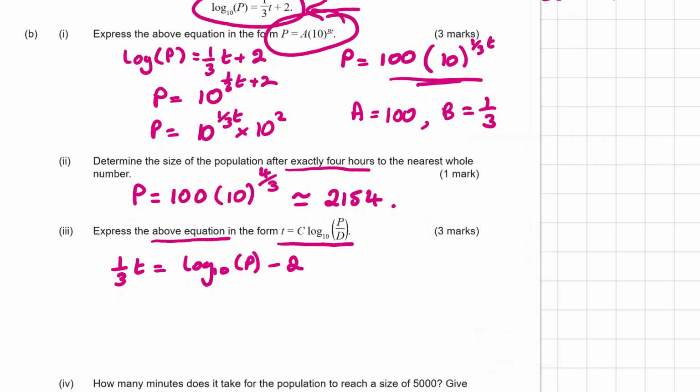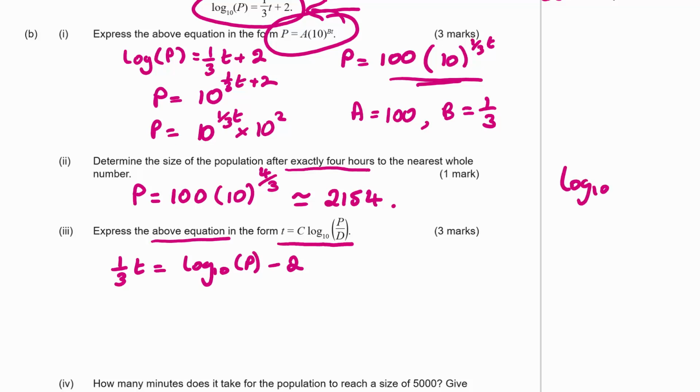Now remember, we know that log to the base 10 of 10 is equal to 1. So 2 log to the base 10 of 10 would be equal to 2, and that is log to the base 10 of 100.